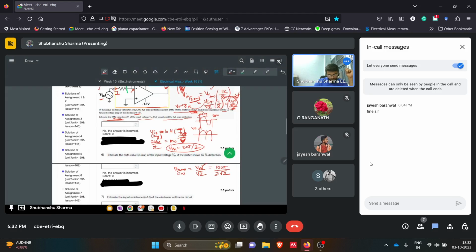So yeah, I think in these kinds of questions, your motive should be to somehow get to the peak value of that signal. Whether we are calculating RMS or the average of a signal, the information of the peak voltage is there in that signal.